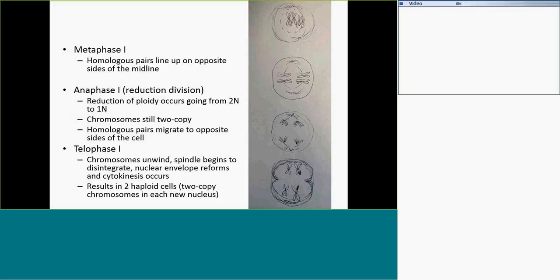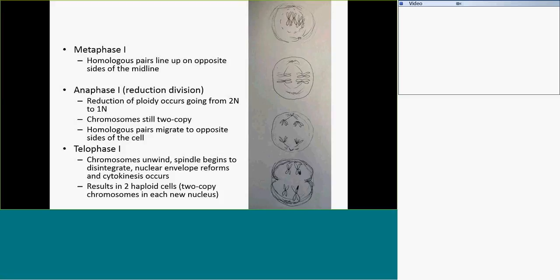And then telophase 1 is a transition to prophase 2. So let me ask you a question. Do the chromosomes during telophase 1 unwind at this point? Well, the answer would be no, because it's going to divide again. There's no reason to unpack all right now. It's all been packed up.